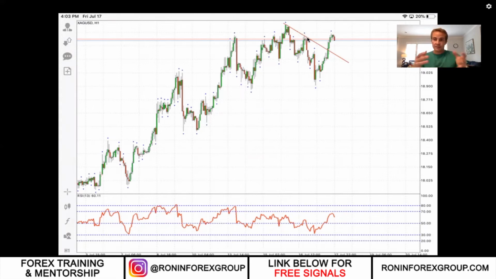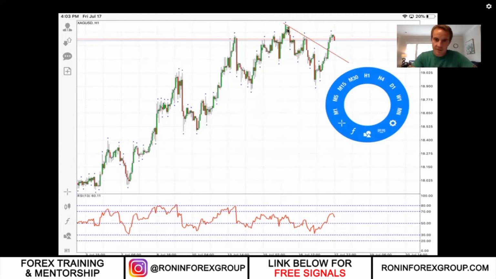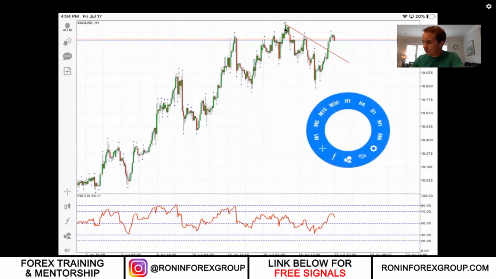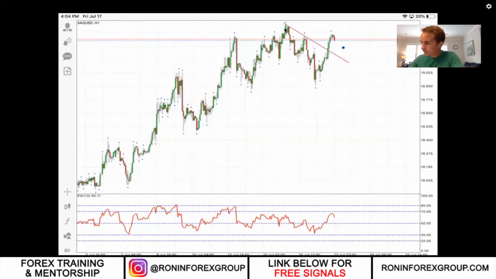That's a signal for a reversal. Had we broken out this high, that would have been massive. That would have meant we're going to 20, maybe 21 today. But I still think we're going there, so we may get a pullback.